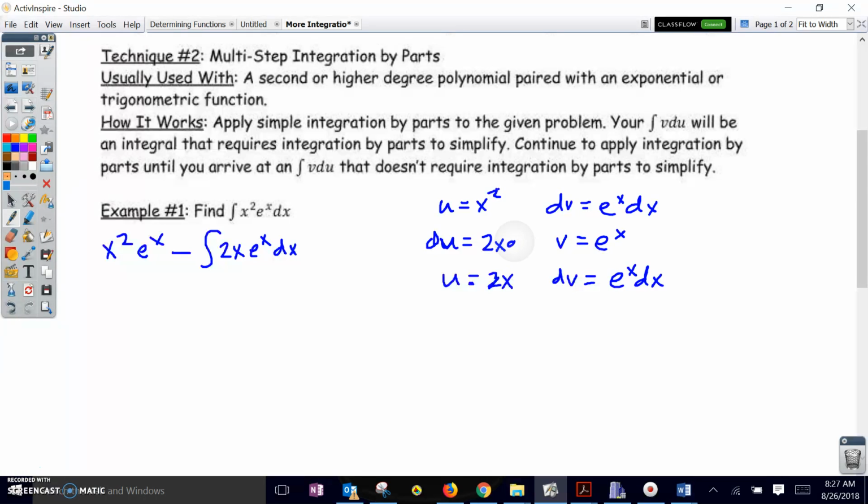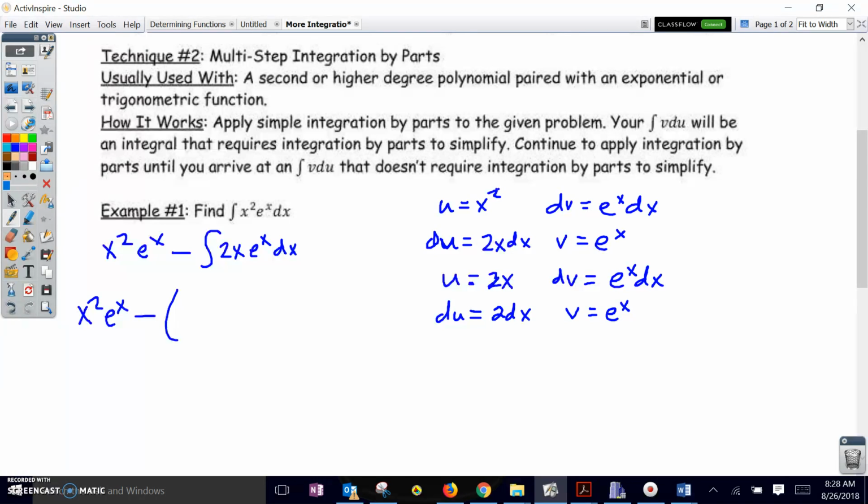So now, du is going to be equal to 2dx, and v is going to be equal to e to the x. And so now this turns into x squared e to the x minus, and I want to make sure that I subtract the whole quantity that I get from the second integration by parts.